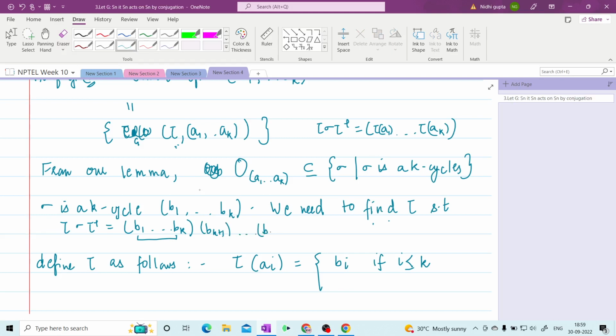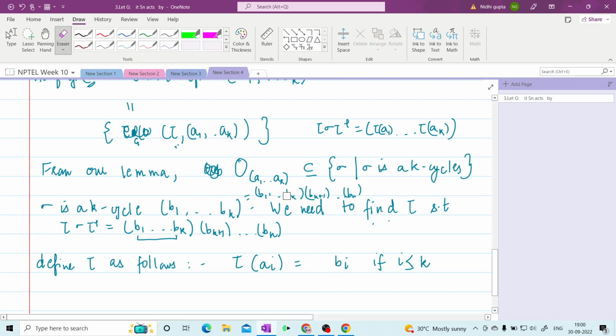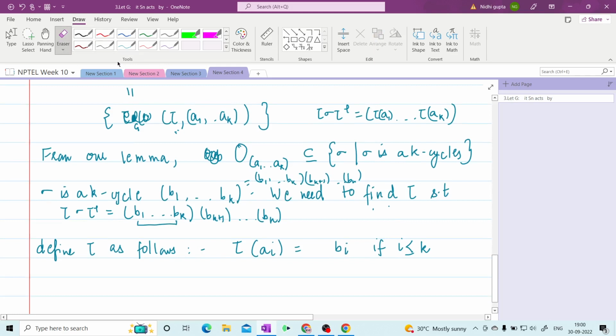Let's list them down also like this. Then we define tau as follows, because any of this cycle is this, and the rest of the elements are fixed. So this tau need not be unique. And if we do that, we see that tau sigma tau inverse is equal to b1 bk.